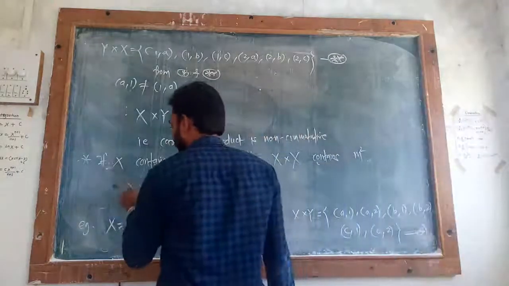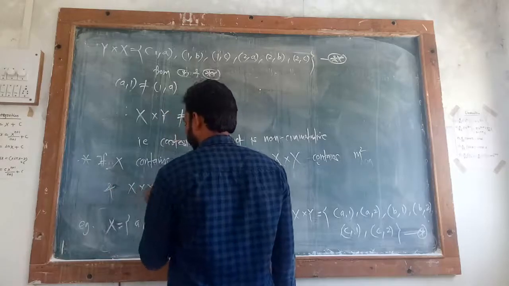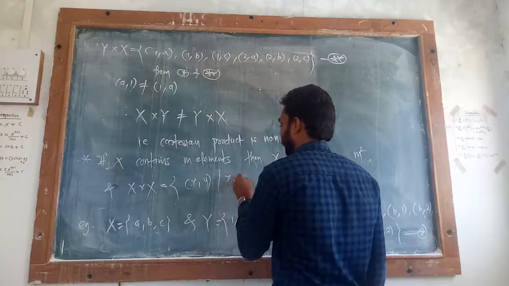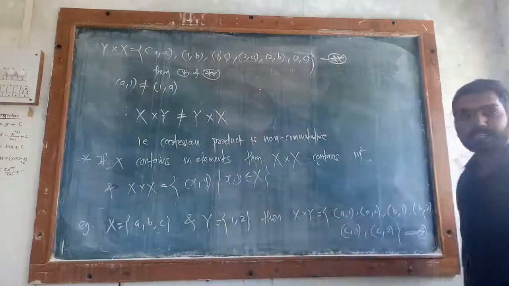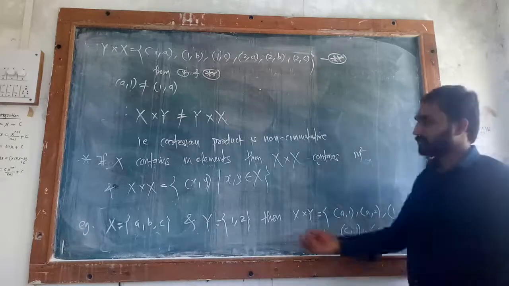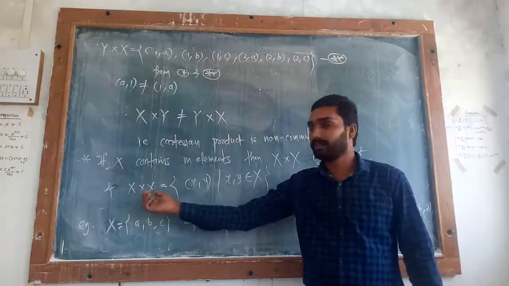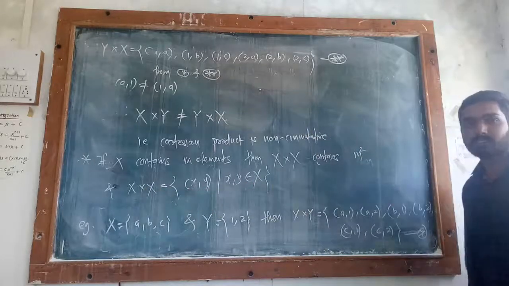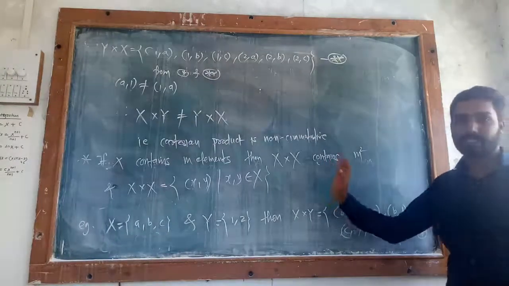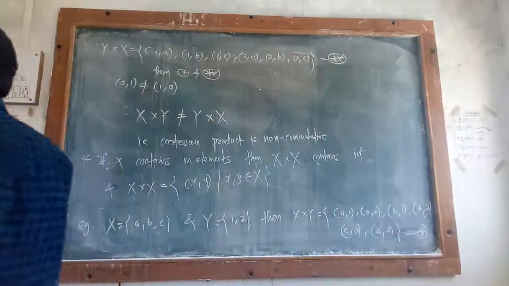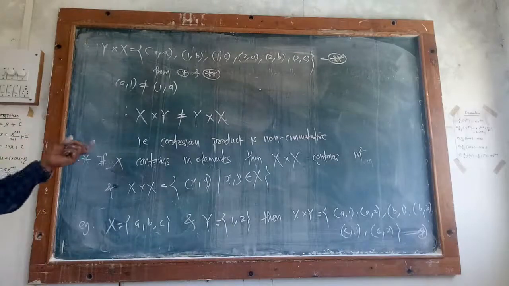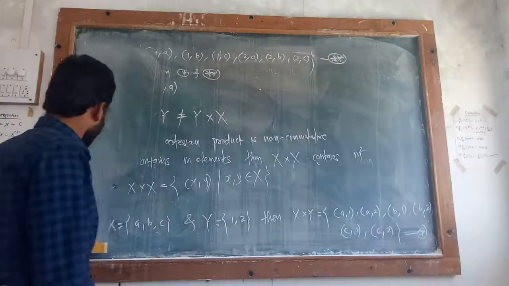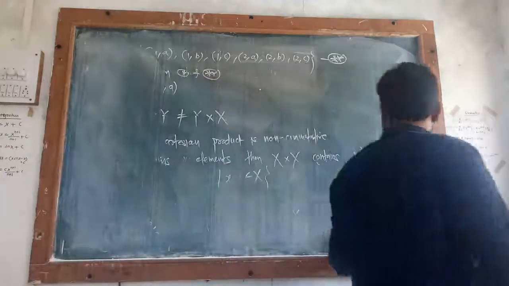What is your X cross X set? The X cross X set is the collection of all (x, y) such that x and y are members of X. That is the Cartesian product of X with itself, containing all (x, y) such that x and y are members of capital X. Now this is the Cartesian product for two sets.